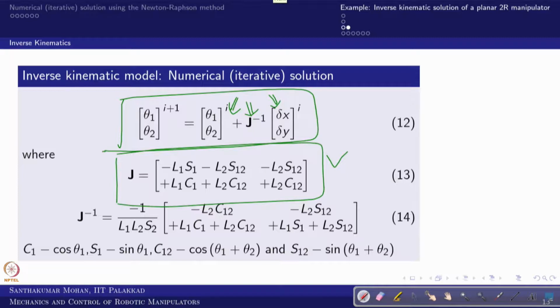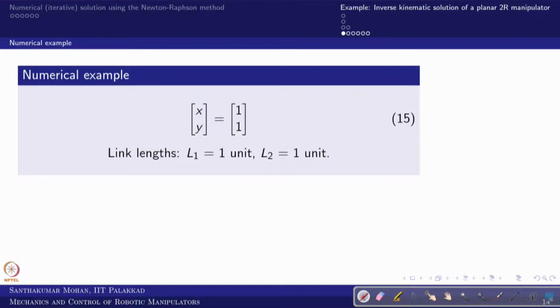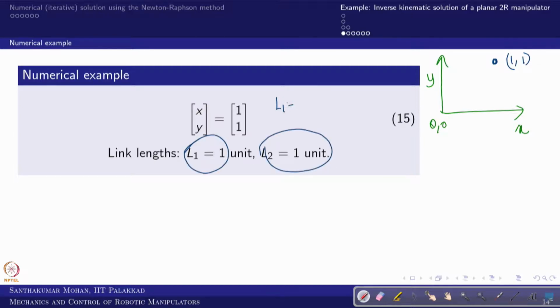Then you can see we are taking one numerical example where x and y is 1 and 1, in the sense you take this as your x axis and y axis, and this is 0 0. So what you have obtained is 1 comma 1. In addition to that, L1 is 1 unit and L2 is also 1 unit. So in that sense, what is the best possible solution?